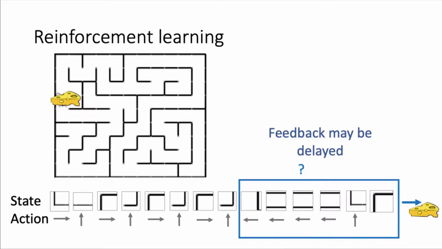But in more general reinforcement learning situations, the feedback can be delayed so that when the reward or punishment comes, it's not necessarily the consequence of the most recently chosen actions, but actually they're delayed consequences of actions chosen much longer ago. And this makes the learning problem even more difficult.